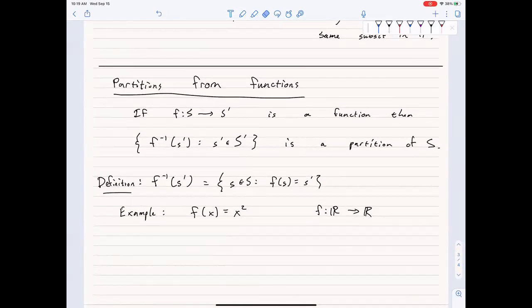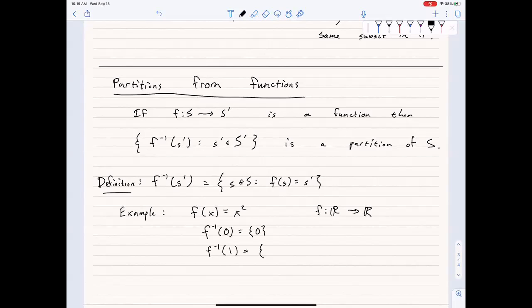If I take 0, I can talk about f inverse of 0. What is that? It's 0. If I take f inverse of 1, what is that? Plus or minus 1. It's a set.